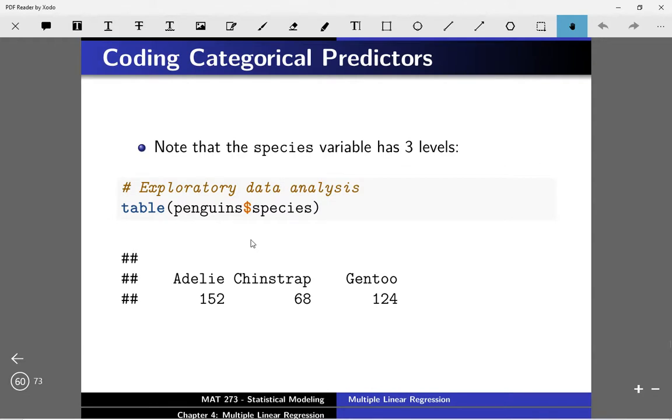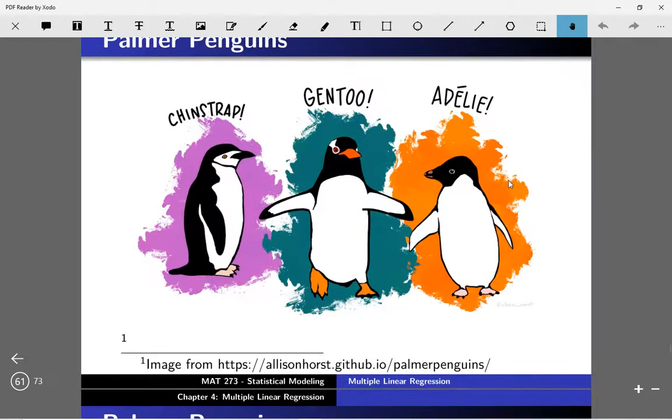Here we can see in this data set we have roughly 350 observations or so. Looks like 344 maybe if you add these up. So we have 124 measurements on Gentoo penguins, 68 on chinstrap penguins, and 152 on Adelie penguins. And here's a picture someone made of these penguins, so it's kind of neat.